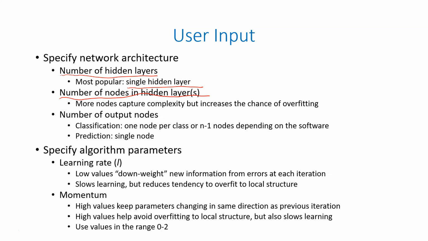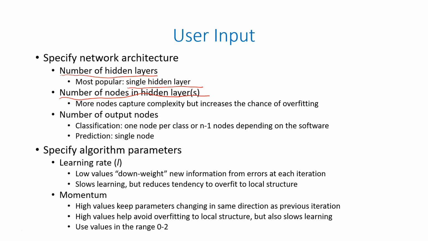Finally, how many input and output nodes do you need? This question is relatively easy to answer. The number of input nodes should be the same as the number of predictor variables. If you have categorical predictors, they need to be converted into category scores or dummy variables, which may increase the number of input nodes.